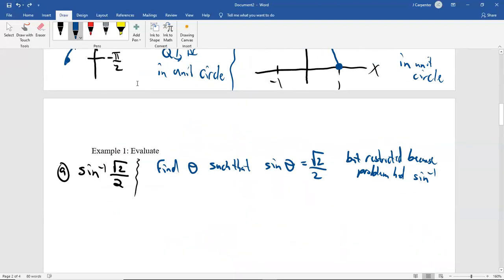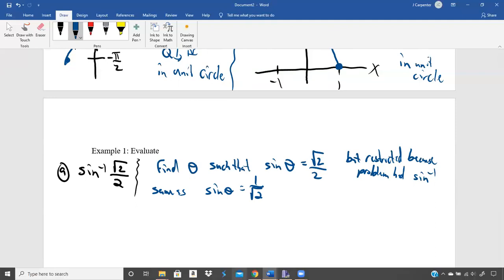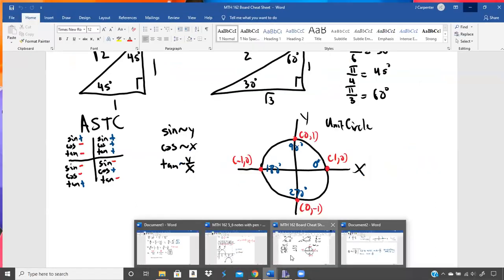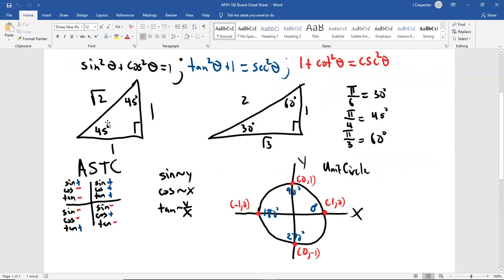Okay, so we're trying to find an angle such that the sine of that angle is square root of 2 over 2. This is the same as trying to find the sine of an angle that's 1 over square root of 2. So that tells us to use the 1, 1, square root of 2 triangle, which is right here. Sine would be 1 over square root of 2, opposite over hypotenuse.